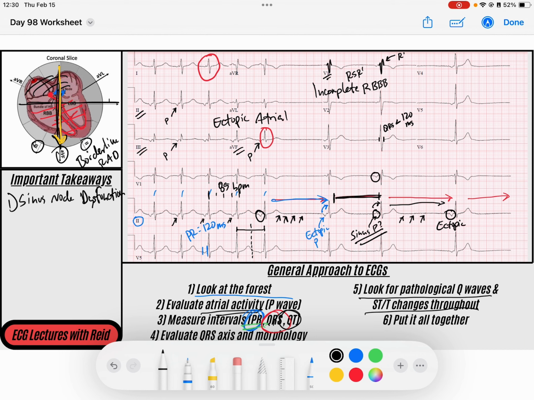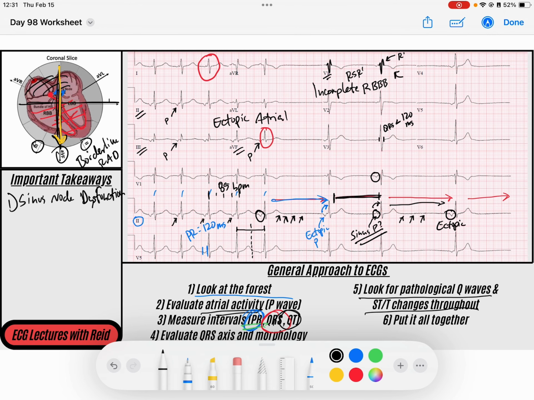I don't see any pathological Q waves, which would represent a previous myocardial infarction. And the ST segments seem to be continuous with the normal baseline. We see obviously some T wave abnormalities on the same leads that are really capturing my right bundle branch block, which is typical.